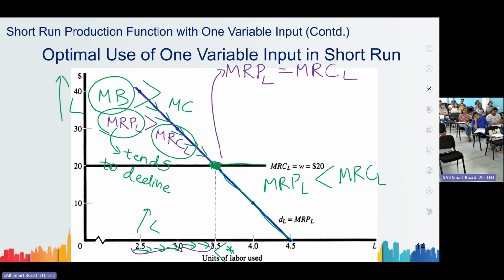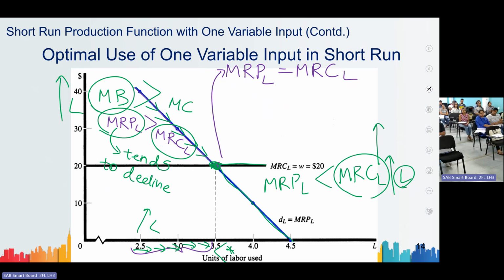And think about the other side, where marginal revenue product of labor is less than marginal resource cost of labor. Here, marginal benefit is less, marginal cost is higher. So marginal cost is higher means it is disadvantageous for this firm to increase labor. So when the firm increases labor, its marginal resource cost will also increase.